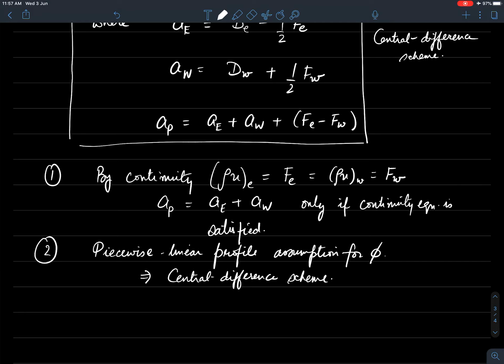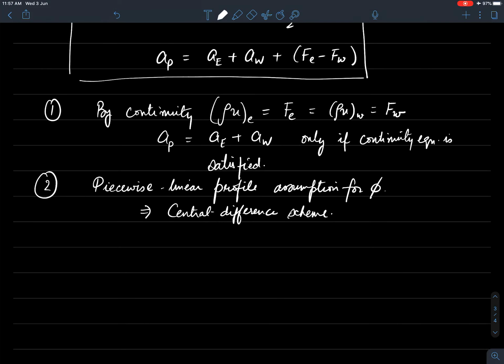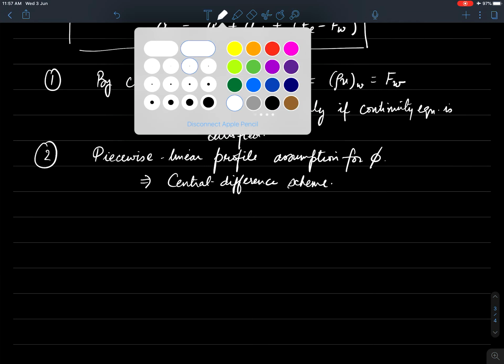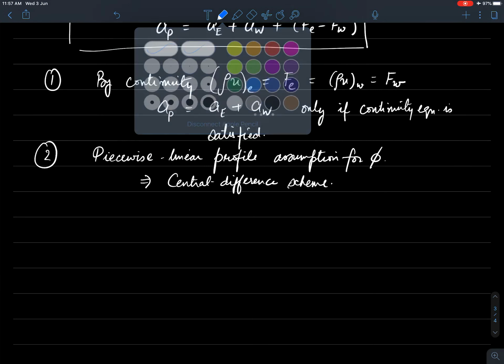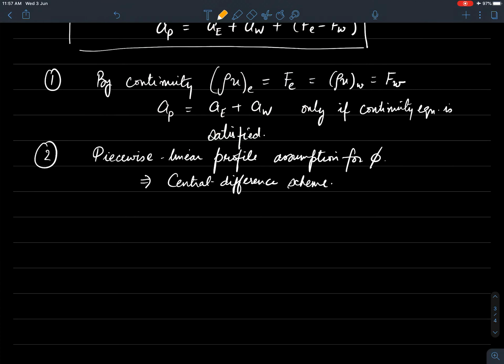However, there are issues with this scheme, or problems related to it. So let me show you a few problems.